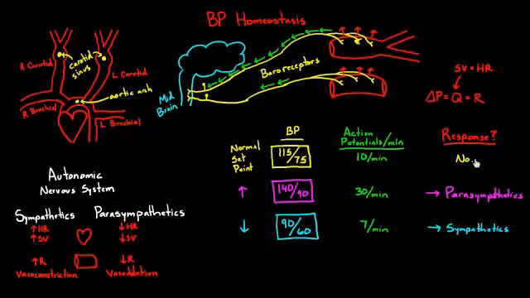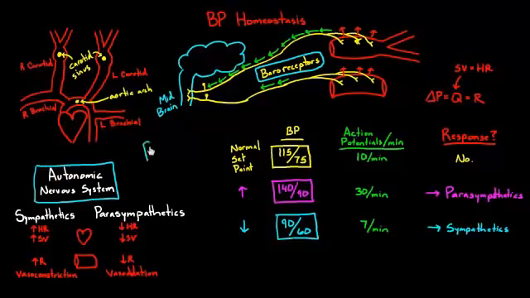So that's the final point I want to make, that the input here, the baroreceptors, these are nerves. And the autonomic nervous system, obviously these are nerves. So the information going in is the baroreceptors. The information going out is the autonomic nervous system. And all of this is happening rapidly.